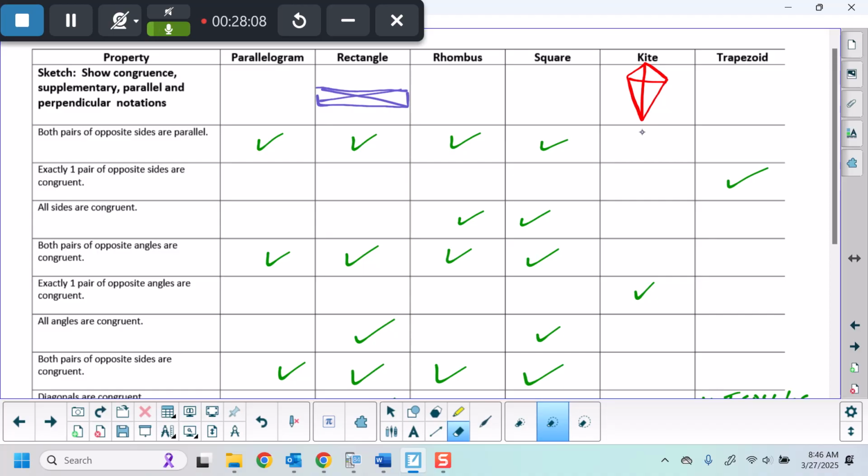Draw a super slanty parallelogram. Draw a trapezoid that's completely wacky, because that'll help you see those features, because if they're features that are true, they will always be true. Make sense?